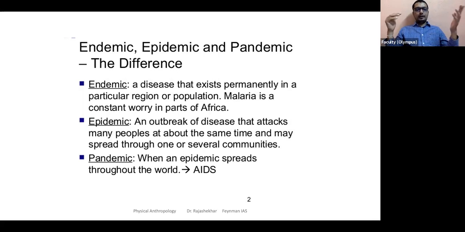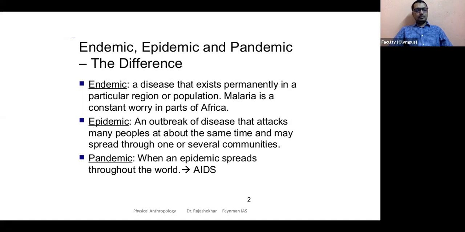Of course, it was not endemic. It was never endemic. It suddenly started and became an epidemic, rapidly spreading to the neighboring places. Eventually, it started showing a global presence, moving to various countries. That is where we call it a pandemic. Pan means global, all, everywhere. That is when an epidemic becomes a pandemic. HIV is a pandemic. I think the best example of a pandemic now is COVID-19, the infection caused by SARS-CoV-2.